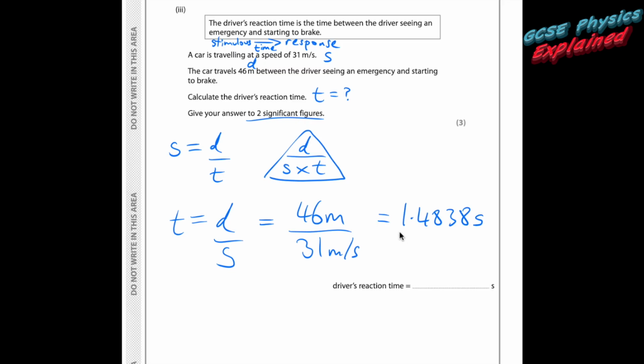So the first significant figure is any number that is not a zero. So this first number is not a zero. So that's your first significant figure. And then that's your second significant figure. And of course, look at the third one. And in this case, it's going to round the 4 up to a 5. So your answer is 1.5.